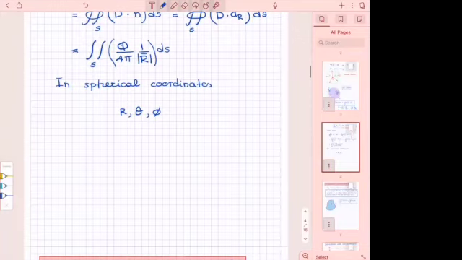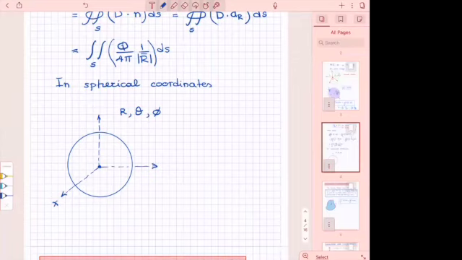All right, and if this is, say, a sphere centered here, this is the z-axis, this is the x-axis, this is the y-axis, and let's assume that this is point O. So O is here.